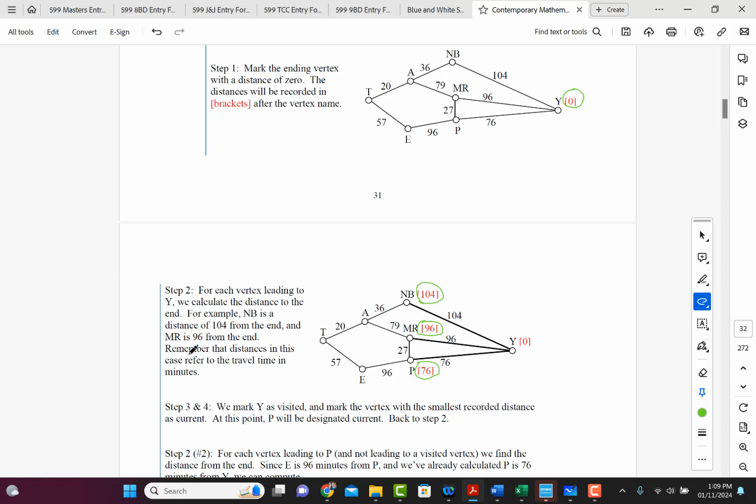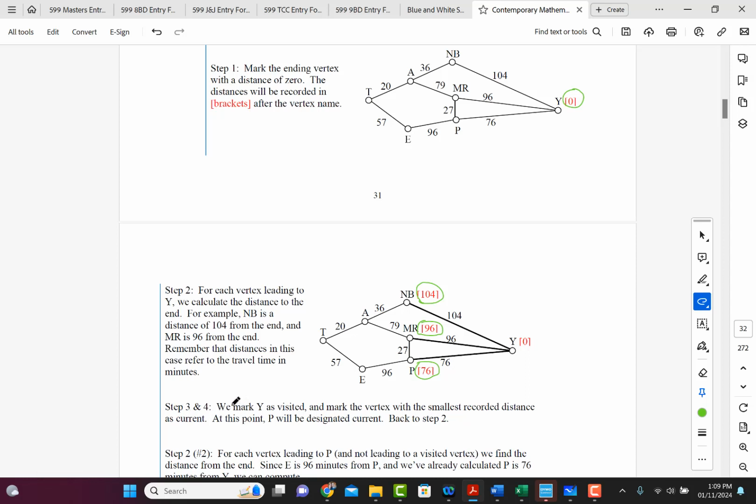MR is 96, and P is 76. Remember that distances in this case refer to the travel time in minutes. I think I said miles. These are not distances, this is the time in minutes. Sorry about that.